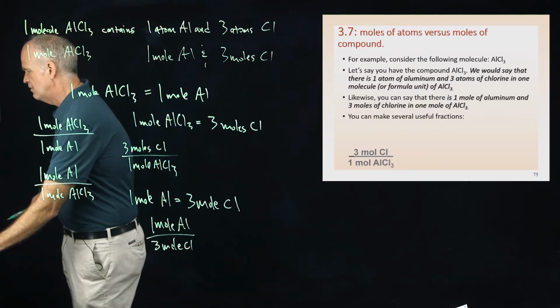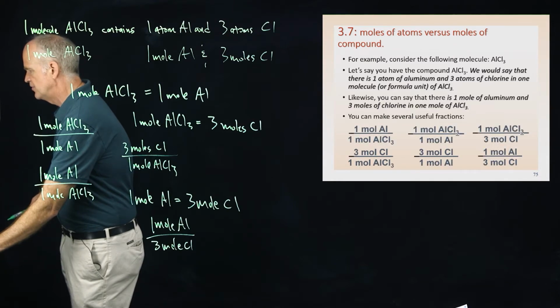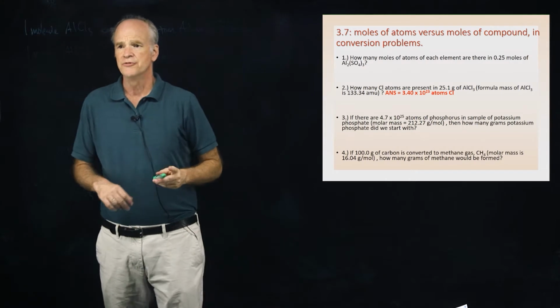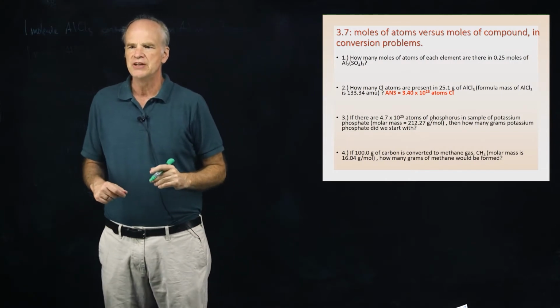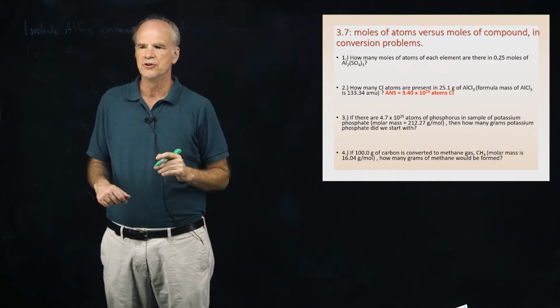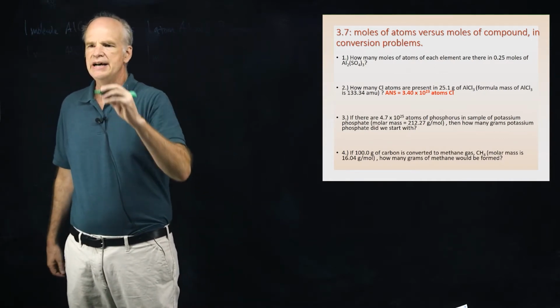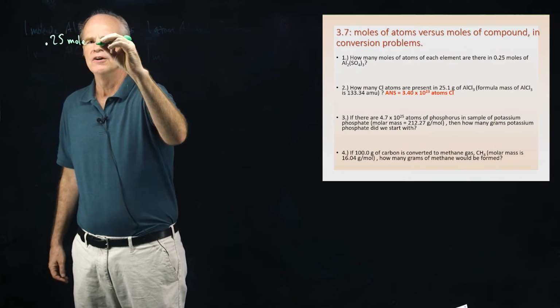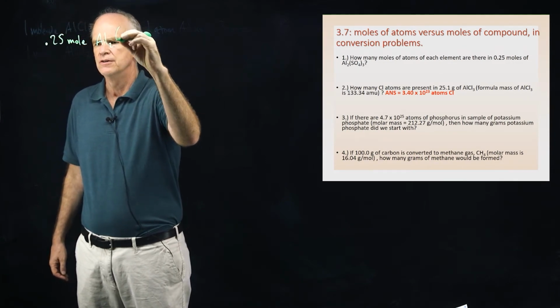What I wrote down is on the screen right there. Let's go directly to some problems. The first problem is, how many moles of atoms of each element are there in 0.25 moles of aluminum sulfate? So we have 0.25 mole of aluminum sulfate.